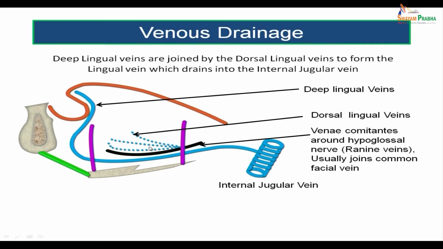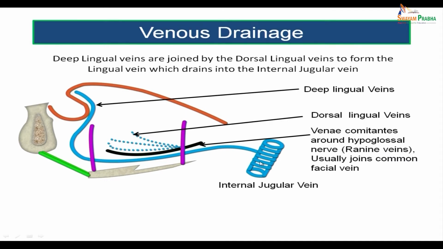These are called the venae comitantes of the hypoglossal nerve, and these form an anastomotic channel, and usually they join the common facial vein, but sometimes these venae comitantes can join the lingual veins. The venae comitantes are also called the ranine veins. There is a special name for them, ranine veins.